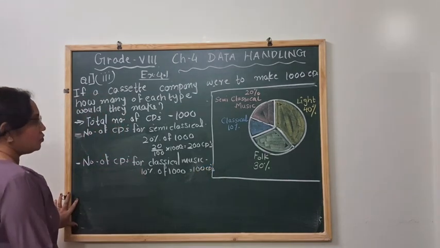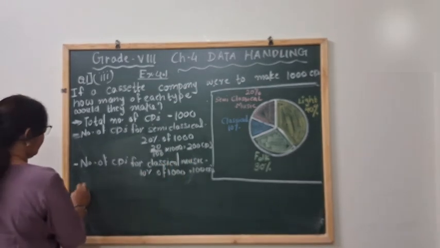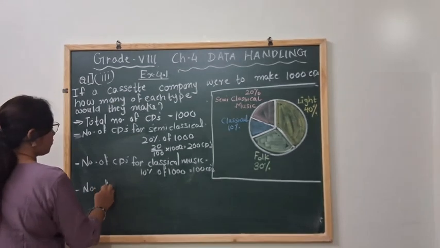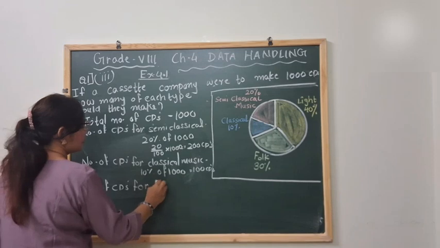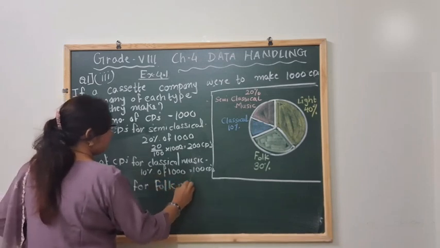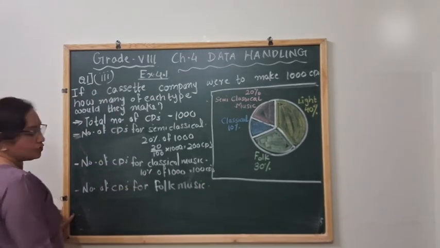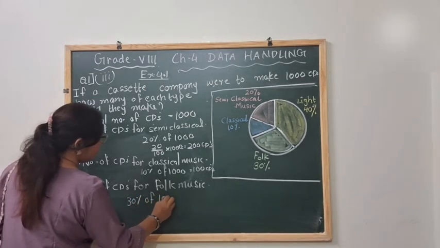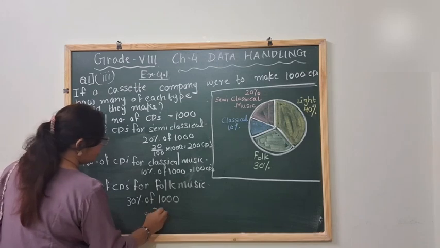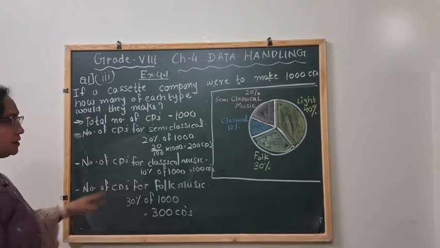Okay. Now we have done semi-classical and classical. Now moving on to folk. Number of CDs for folk music would be 30% of 1000. So 30% of 1000 will give you 300 CDs. Okay. Now the fourth one is light music.